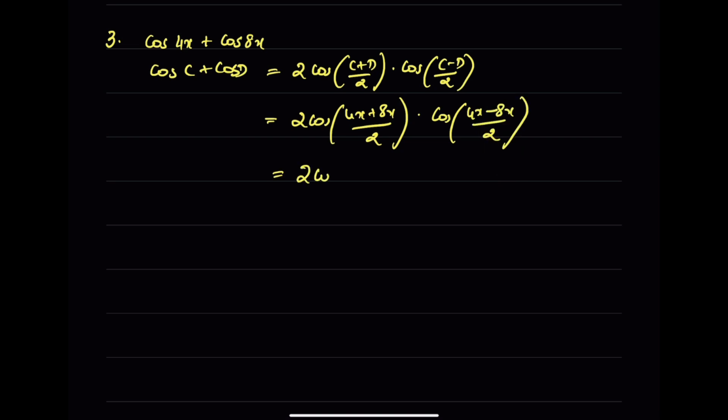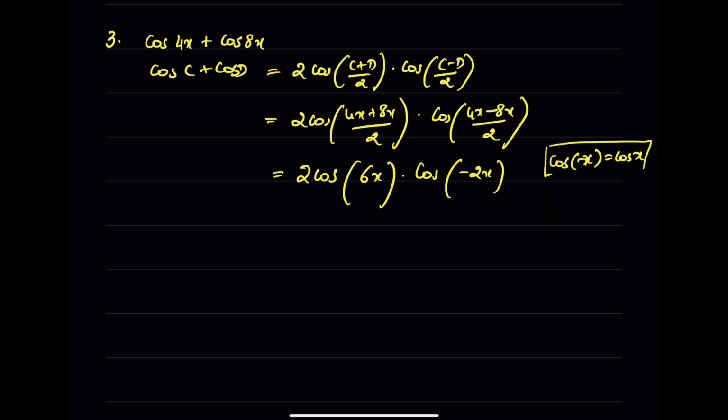So this will be 2 times cos of 12x by 2, which is 6x, times cos of minus 2x. Now we know that cos of minus x is cos x. This is from the trigonometric functions we learned. So this is 2 times cos of 6x times cos of 2x. Let's try the fourth one.